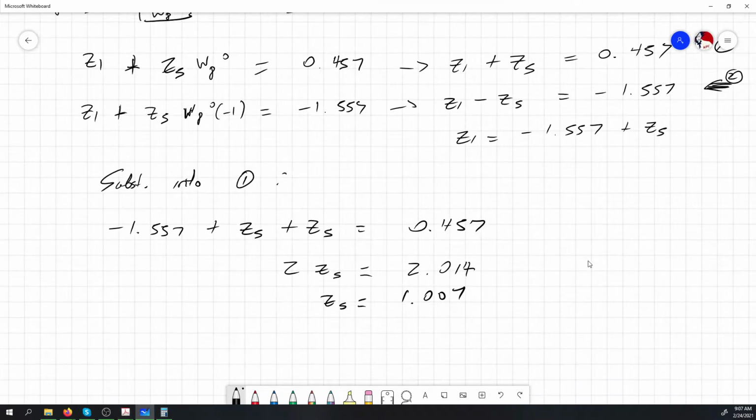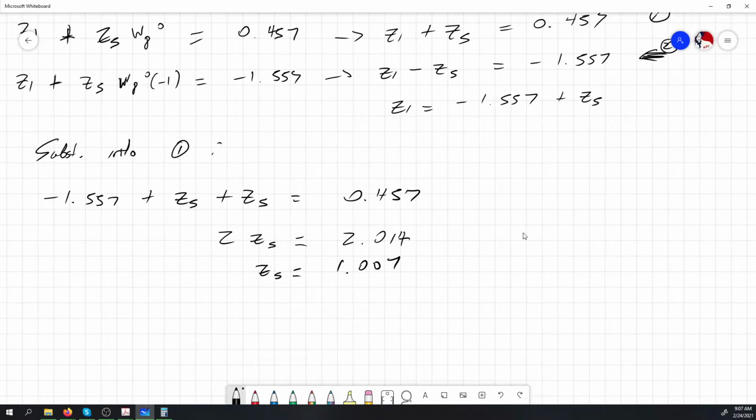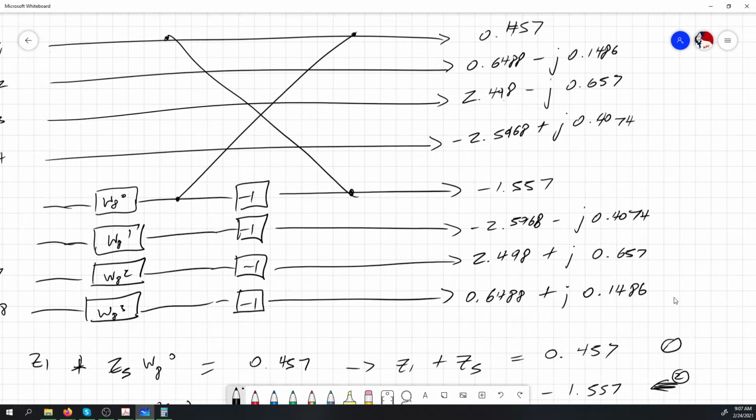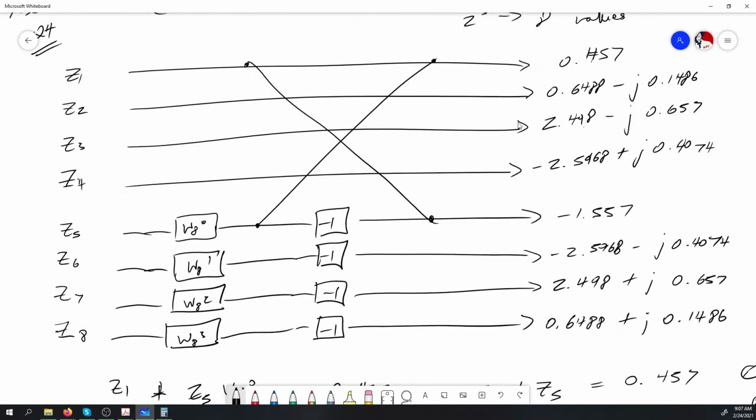And because I've calculated Z5, I can just solve for Z1 now. So Z1 plus 1.007 equal to 0.457, Z1 here is equal to minus 0.55. That will be solving for Z1 and Z5 when we're doing our reverse FFT for the third decimation stage.